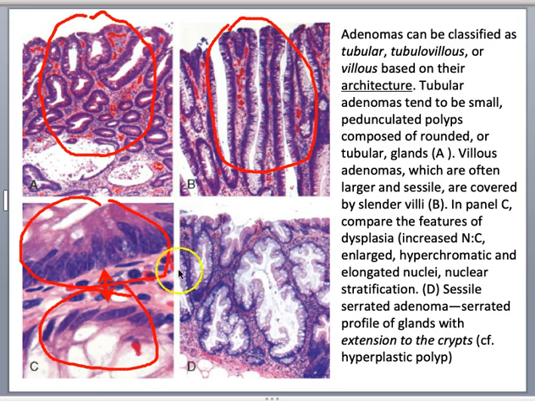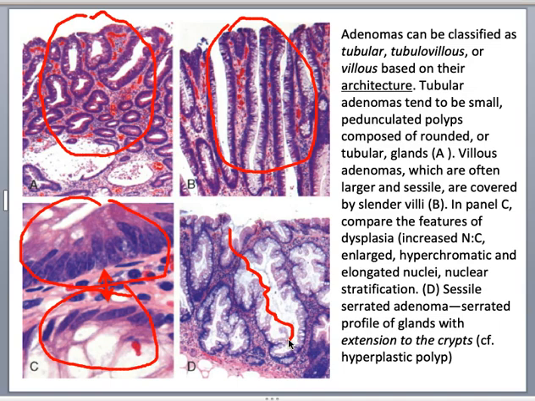Sessile serrated adenoma is lined by goblet cells without cytologic features of dysplasia, and as the name indicates, have this serrated or sawtooth appearance to the gland seen in profile.